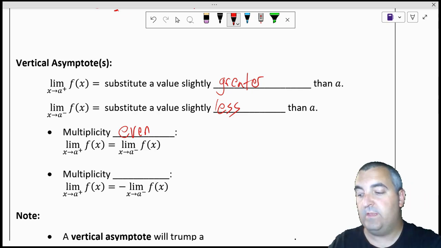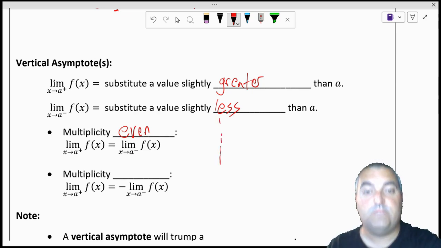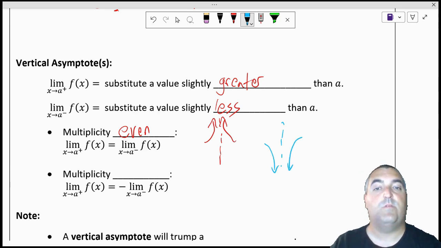What this means is that both from the right side and from the left side, they're the same. So from your vertical asymptote, it's either going to go like this, where they're both pointing up, or they're both pointing down. That's an even multiplicity vertical asymptote.